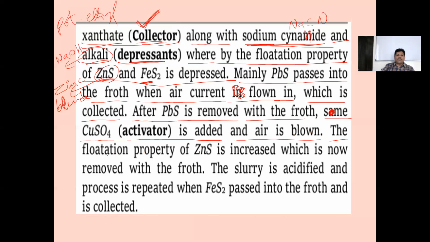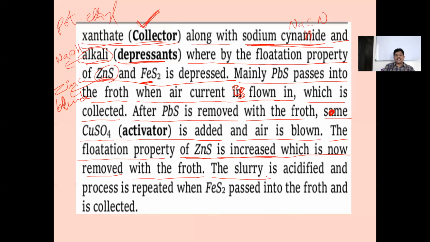By adding activator, the flotation property of ZnS is increased. The flotation property of ZnS is increased by adding what? Activator copper sulfate. Okay. Again, the ZnS will pass into froth, and the froth will come to the surface and will be removed here.